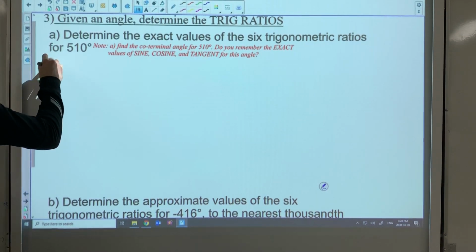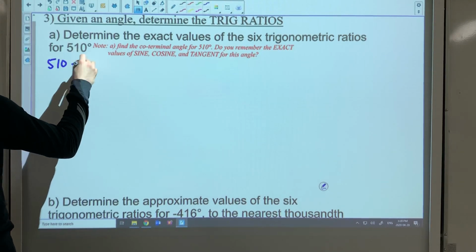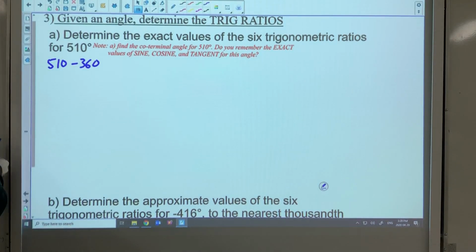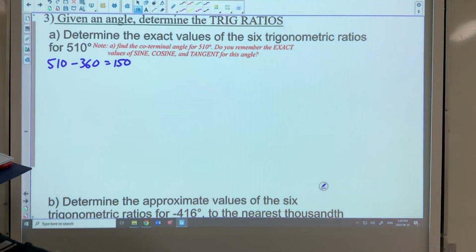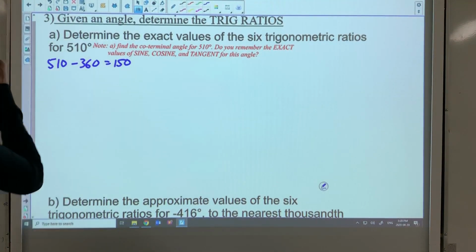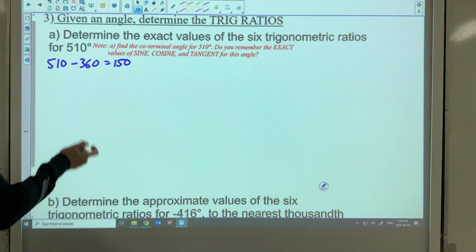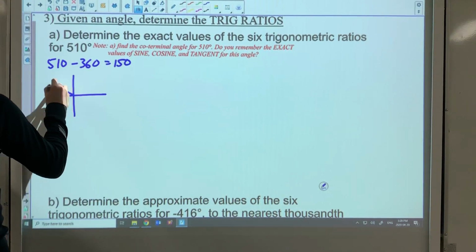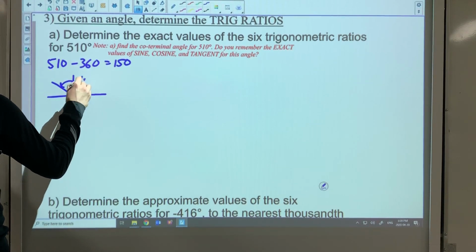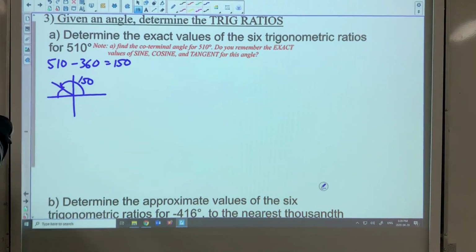So to find that angle, I'm just going to take my 510, subtract 360, and that gives me 150 degrees. Now if I subtract 360 again, because I'm not in quadrant 1 yet, I'm going to get a negative angle. So I need to think about what an angle of 150 degrees means. That would be over here in quadrant 2, I rotate 150 degrees. That would be my reference angle.